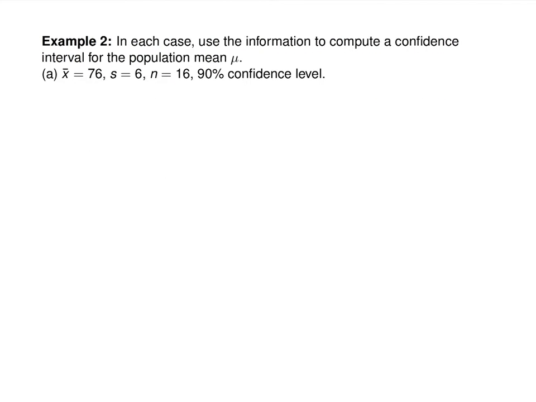All right, now that we know the pieces, let's actually find some confidence intervals. So we know that x bar is 76, our sample standard deviation is 6, and we have a sample size of 16, and we want the 90% confidence level. So first let's find the standard error of x bar, which is s over root n, or 6 over root 16.